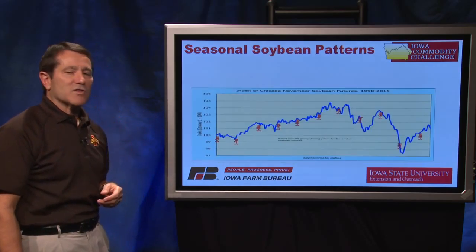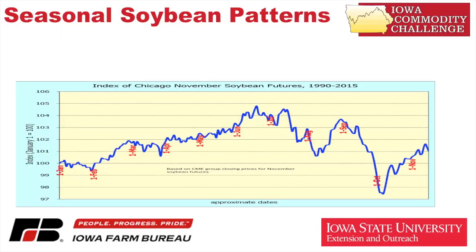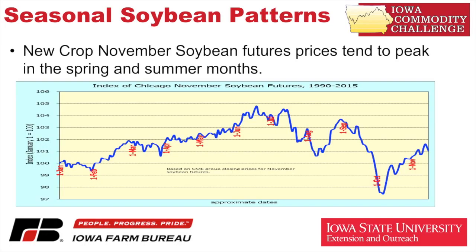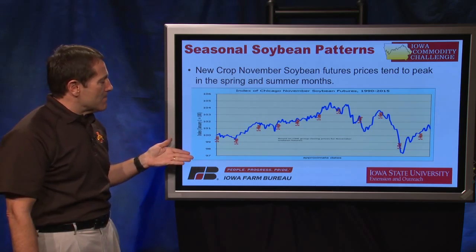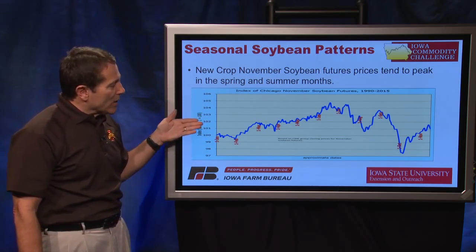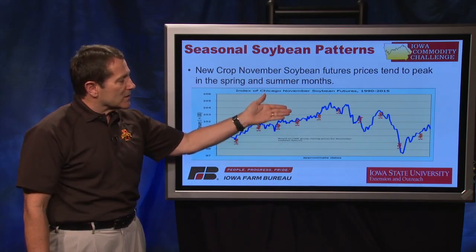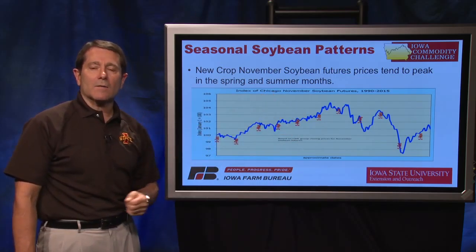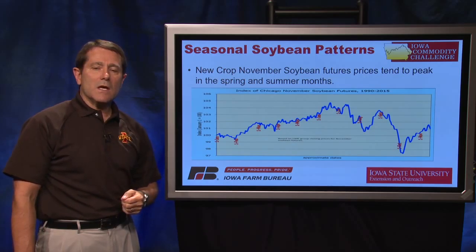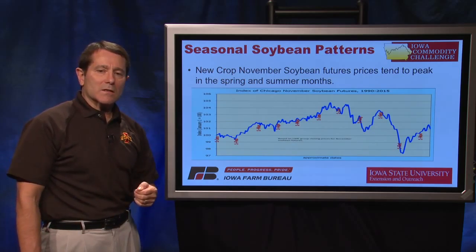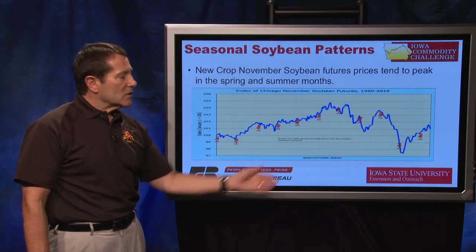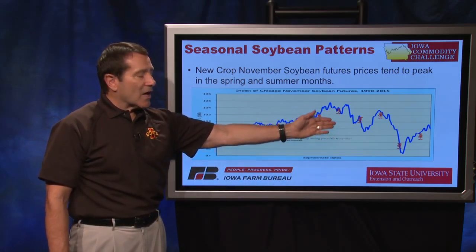Now, soybeans have seasonal trends. They're somewhat similar to corn, but again, they favor the spring and perhaps the summer months. Now, not every year is the same, but over this period of time, indexed by year, we can start to see the likelihood of futures prices on average being higher in the spring and the summer months as opposed to the late summer and fall.